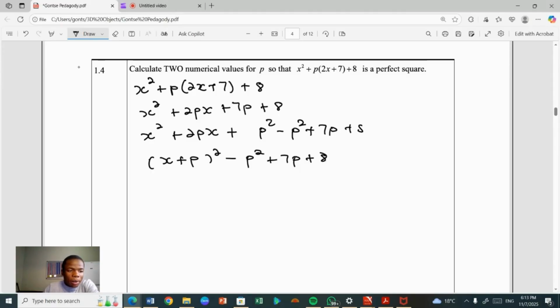Then from there, therefore minus p squared plus 7p plus 8 is equal to 0.